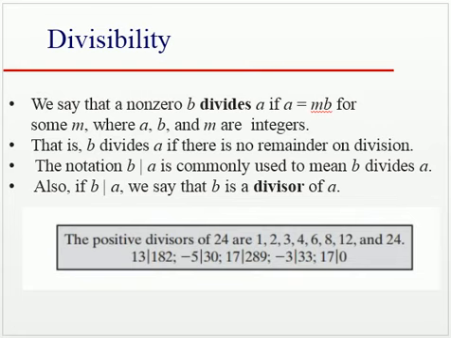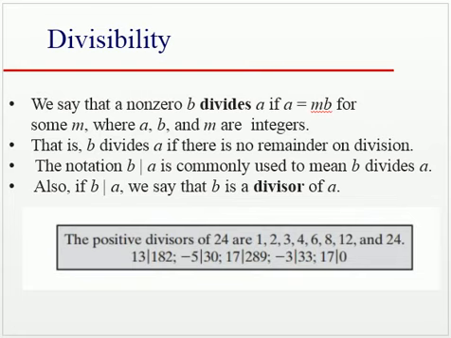As there is no remainder and all these are integers, we can say that B divides A, or in this example, 2 divides 8. The notation B, vertical line A, is commonly used to mean B divides A. Also, if B divides A, we say that B is a divisor of A.